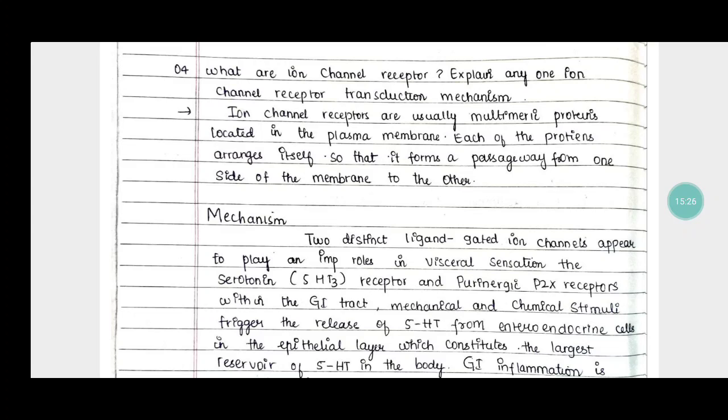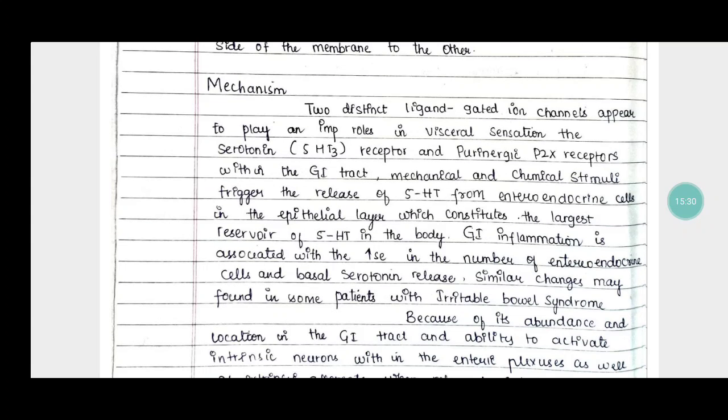Two distinct ligand-gated ion channels appear to play an important role in visceral sensation: the serotonin receptor and the purinergic P2X receptor. Within the GI tract, mechanical and chemical stimuli trigger the release of 5-HT from the enteroendocrine cells.